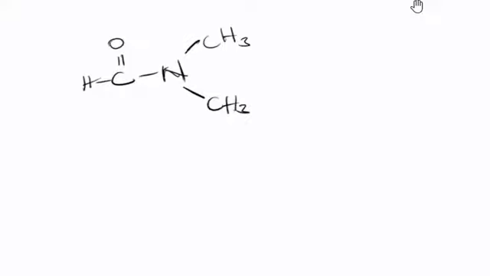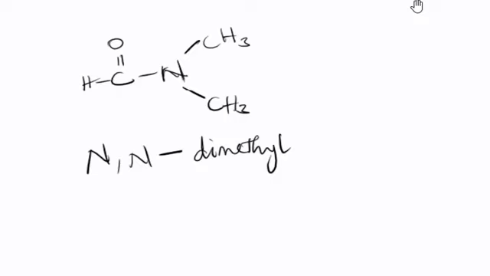So for instance, if I have CH, and I have O here, so I have N bonded to 2 alkyl groups, I'll name these as N,N-dimethyl, because I have 2 methyl groups here, and then I have just 1 carbon.